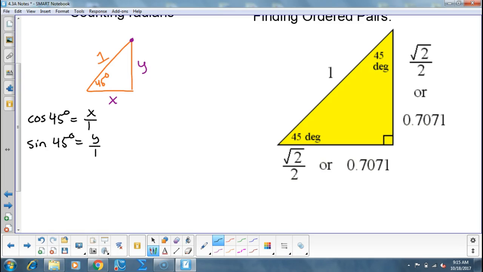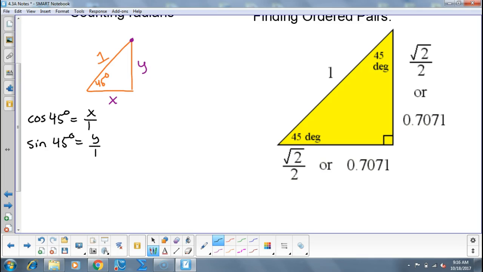Can I use the Pythagorean theorem here? You think so, or you know so? Why do you think so? It is a right triangle, so technically we should be able to use the Pythagorean theorem, but the downfall is that I don't know 2 sides. So I have 2 unknowns in one equation, and that's just not going to work out.